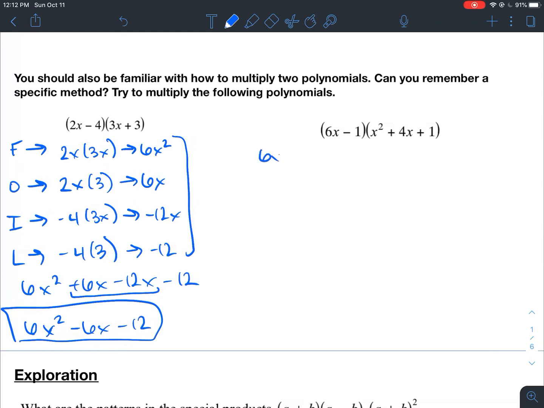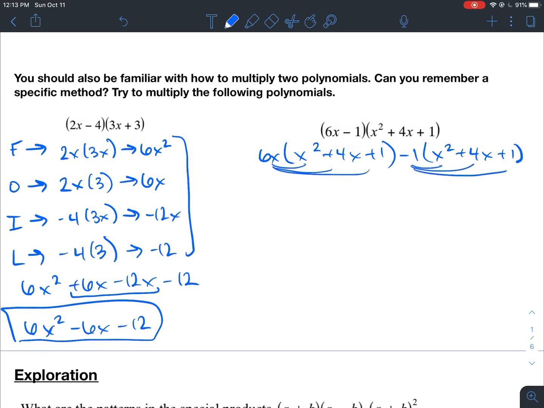I take 6x, and I'm going to multiply it by x squared plus 4x plus 1. And then I'm going to take my other term, negative 1, and do the same: x squared plus 4x plus 1. And it's called the distribution method because now we just distribute both terms inside the parentheses.